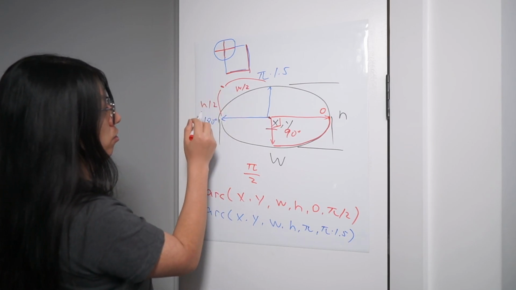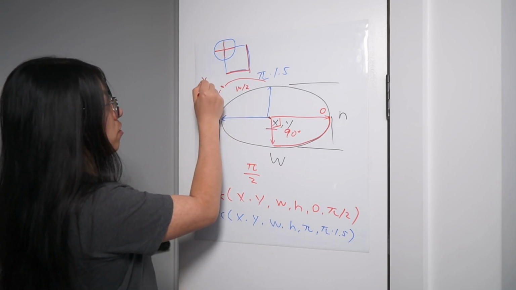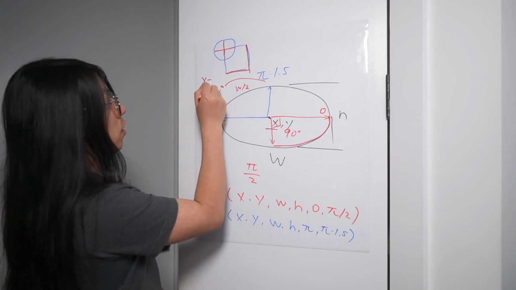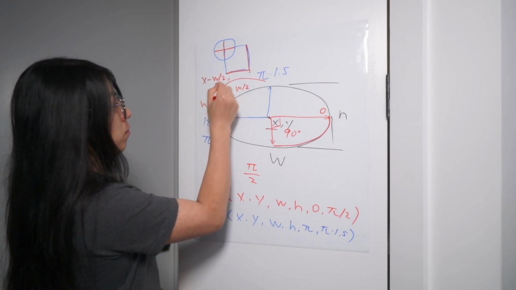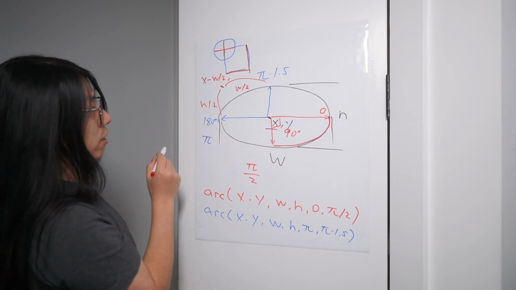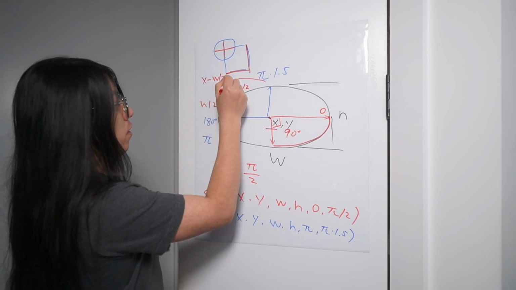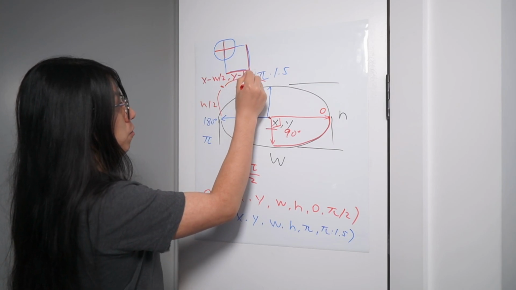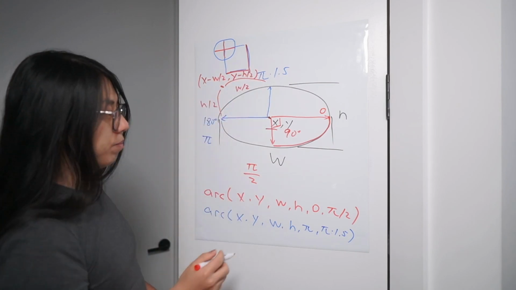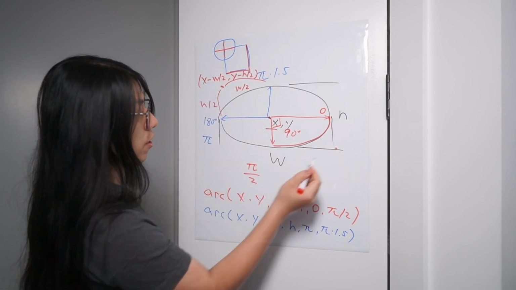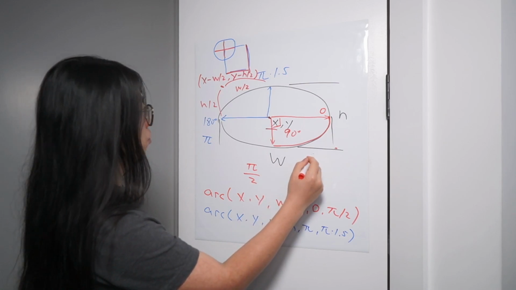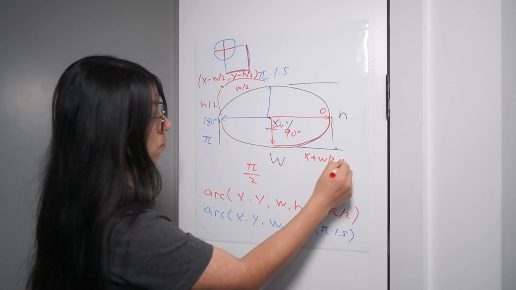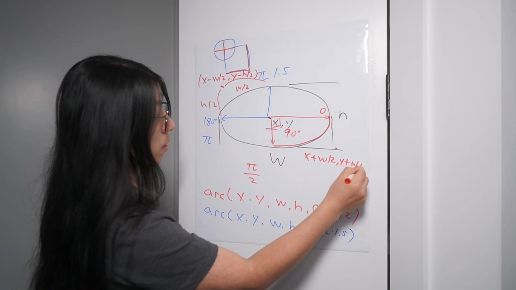So the coordinate here is going to be x minus width divided by 2. That's the x coordinate of this point. And then y minus height divided by 2. So this is the coordinate of that corner. And similarly, the bottom right is going to be x plus width divided by 2 and y plus height divided by 2.